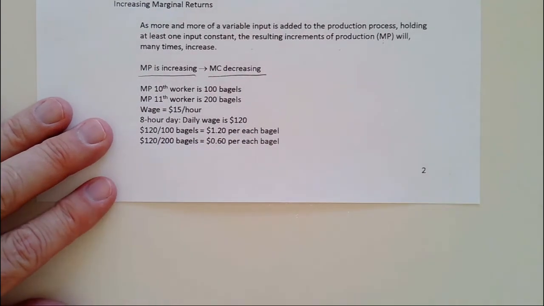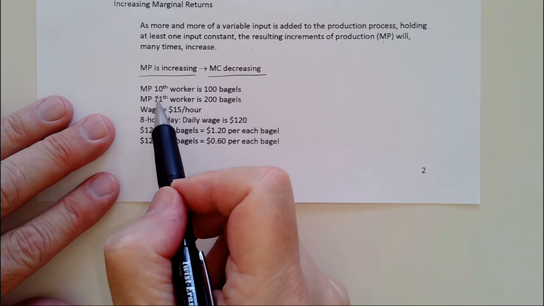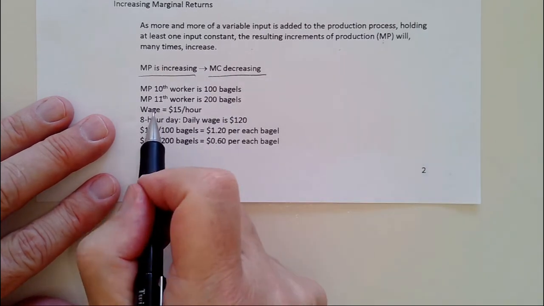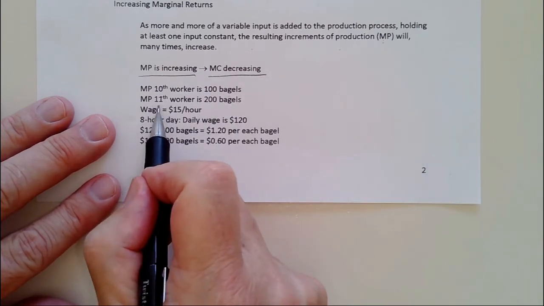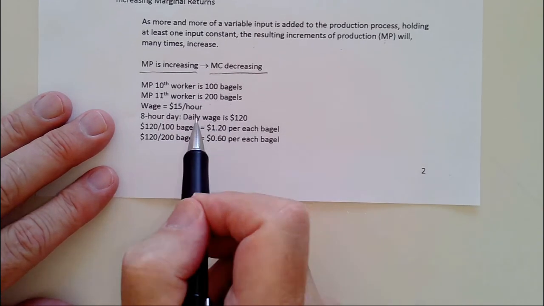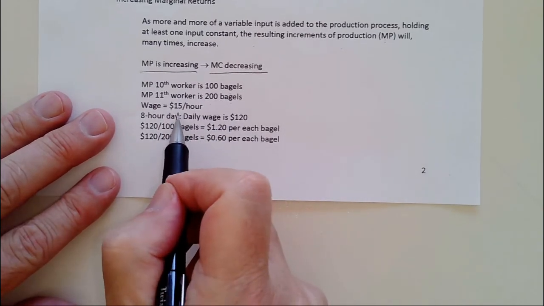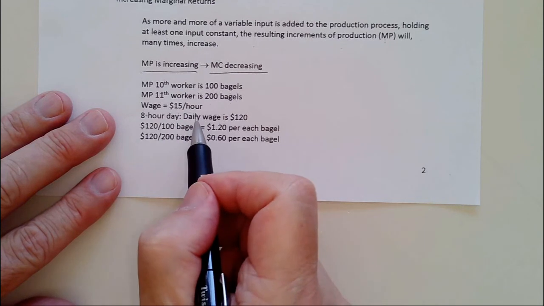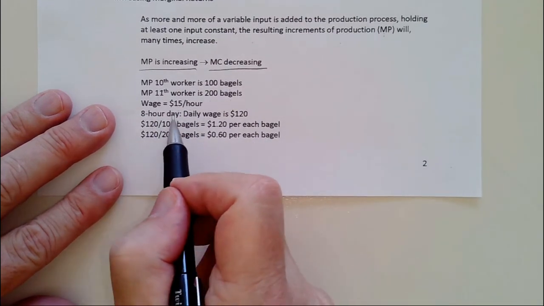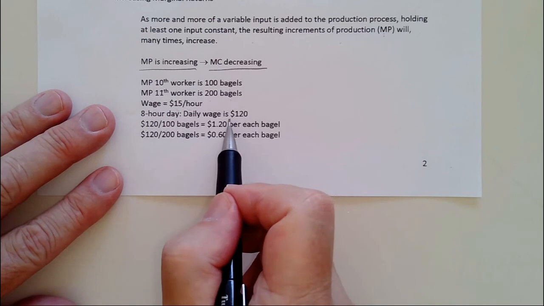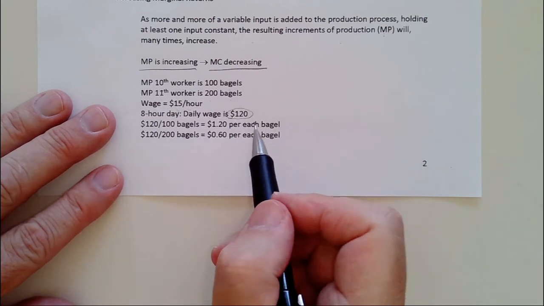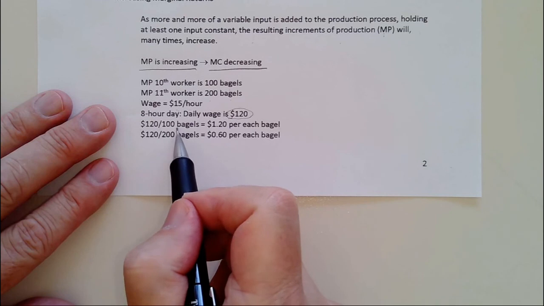Think about it down here. Let's say the marginal product of the 10th worker is 100 bagels in a bakery. And then the 11th worker has a marginal product of 200 bagels. And let's say the wage per worker is $15 per hour. And let's say this is for the day. So we take an 8-hour day times 15. So the daily is $120. So then they want to see what is the cost per each of these bagels.